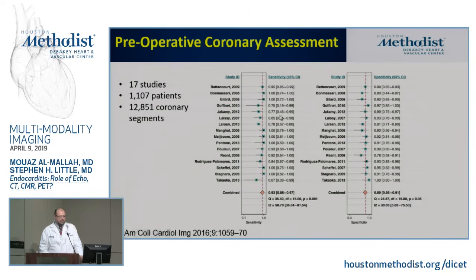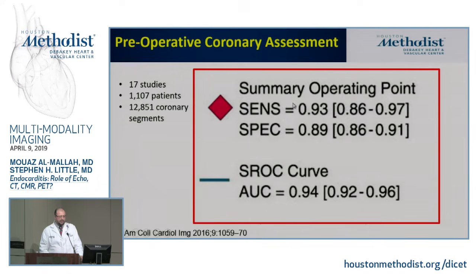But when you look at the meta-analysis that included 17 studies, nearly 1,100 patients, the overall accuracy for CT is about 93%, specificity is 89%, and AUC of 94%. And many of these patients nowadays are going to surgery based on CT without the requirement of an invasive angiogram for clarifying the anatomy. Yeah, you should mention just one other thing because the temporal resolution.